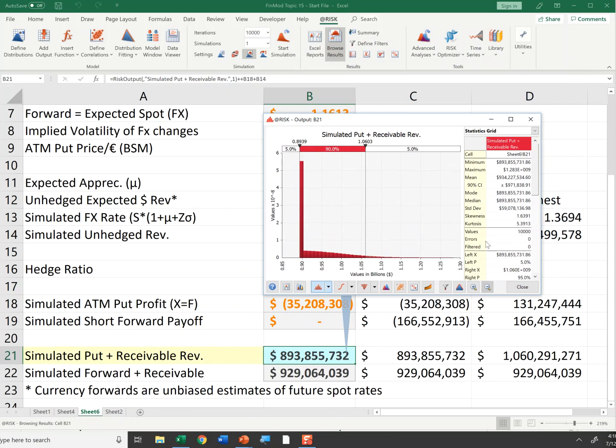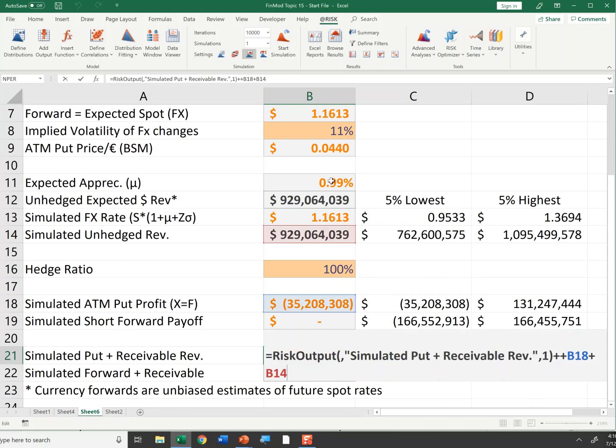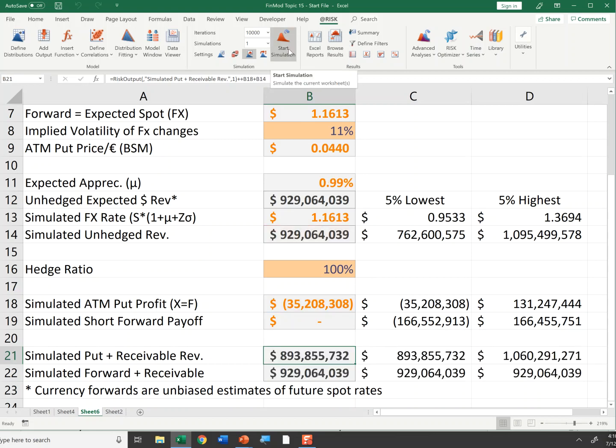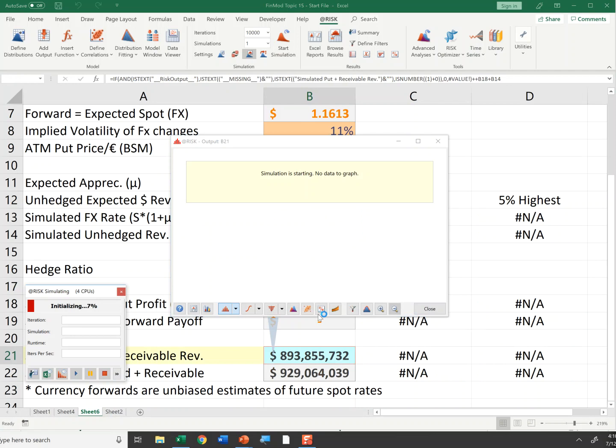Now you'll notice that if I hedge using this put and run my simulation of both the unhedged revenue and the put, that guarantees I can always sell my euros at least at $1.16. Because if it is anything below $1.16, I'll exercise the option and sell all my euros at 800 million. However, if the euro winds up above the strike price, I'll get more.